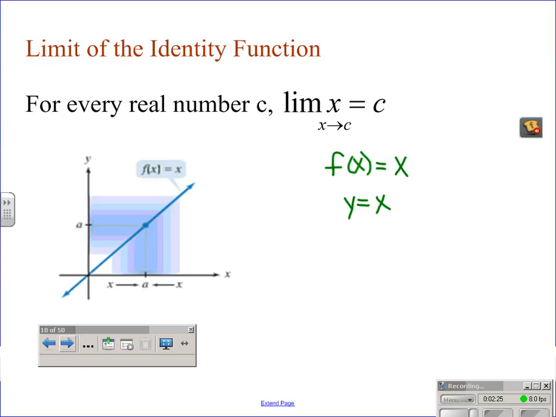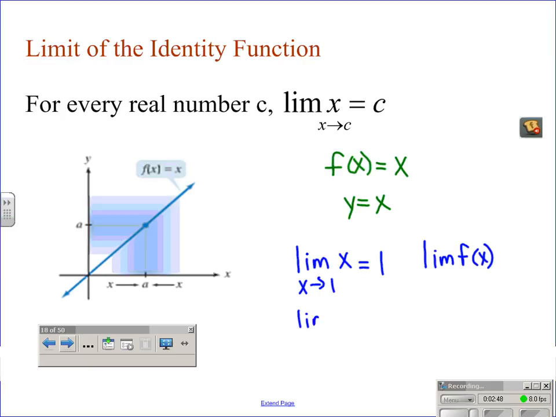So let's look at a couple of examples on this one. The limit of the identity function, which is f of x, or just x, so you could write it either way, as x approaches 1 is just going to be 1.